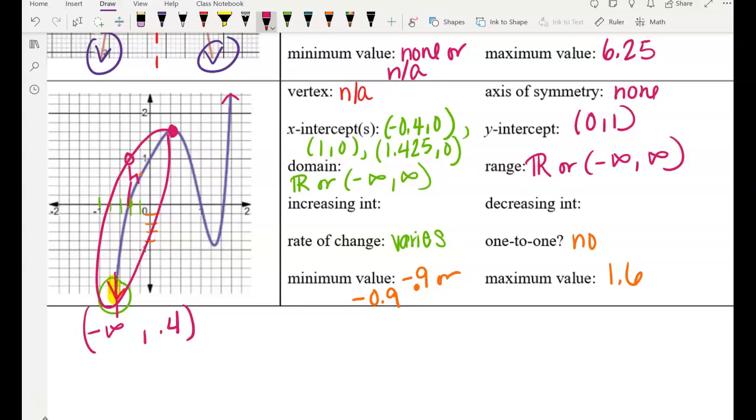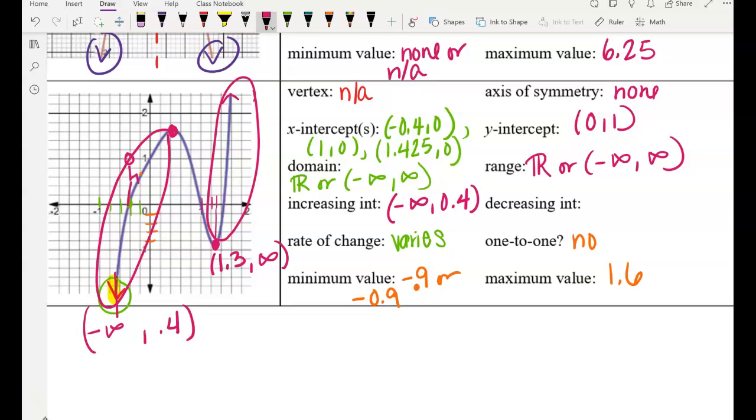Then it picks up again right here. I'm going to show you. This is 1, this is 1.2. Let's say 1.3, okay, right here. So it picks up again at 1.3, and it increases again to infinity. Remember, we are using x values when we write increasing and decreasing intervals, and there are 2 of them. Negative infinity to 0.4.